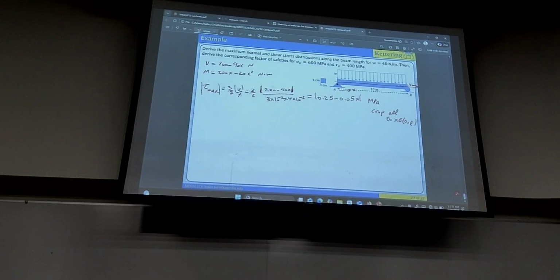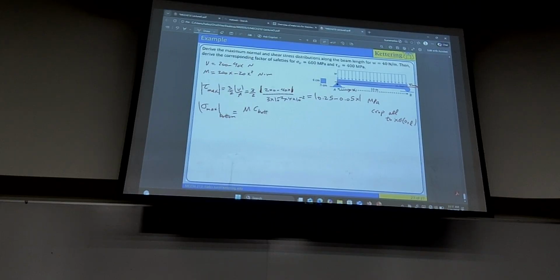So that would be tau. Again, this is just repeated. We did this example in our last lecture problem today. We're just substituting values. So sigma max, we said, is happening on the bottom.